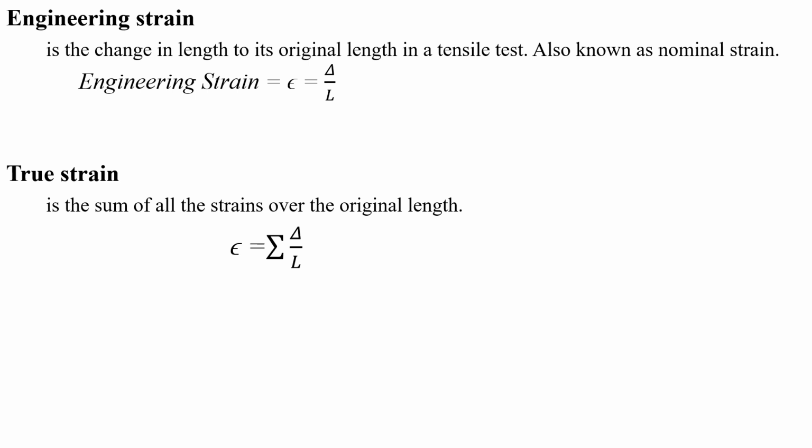So epsilon equals delta L by L. Then true strain is the sum of all the strains over the original length, so true strain epsilon equals the summation of delta L by L.